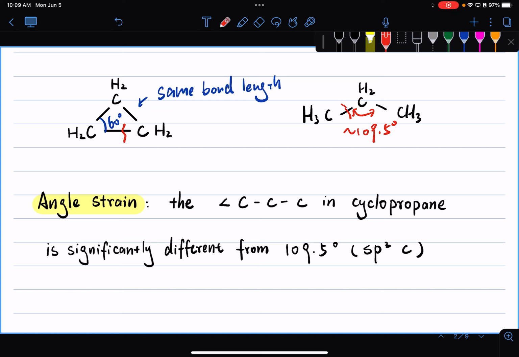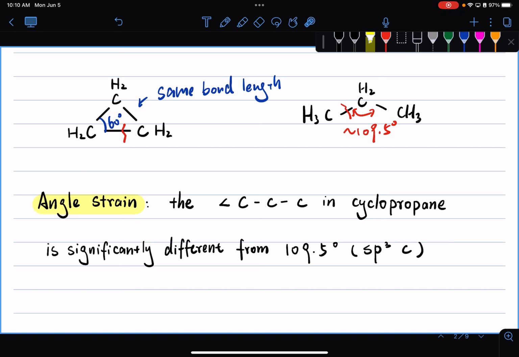The reason this cleavage is easy is because your cyclopropane is already strained, so cleaving that chemical bond will release that ring strain, making that process chemically easier.